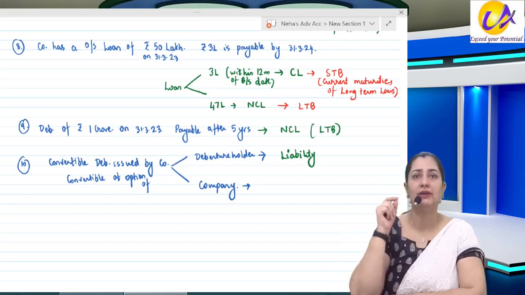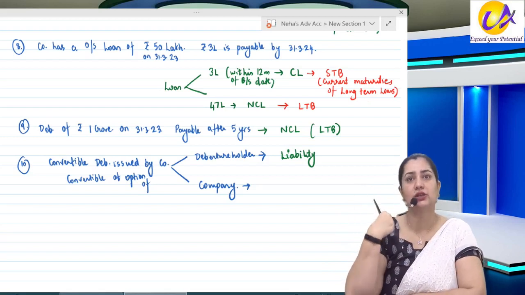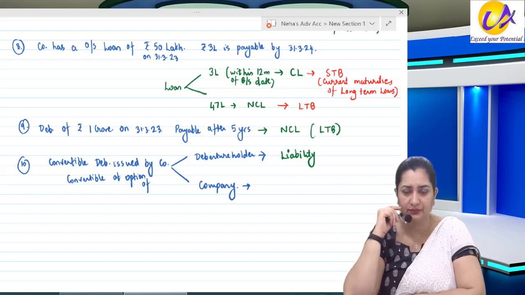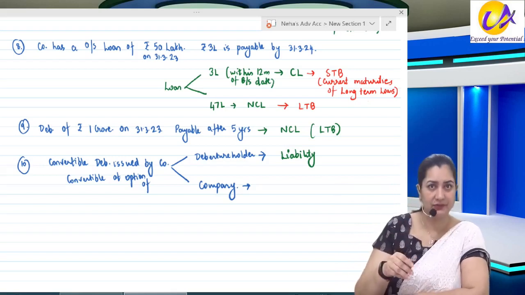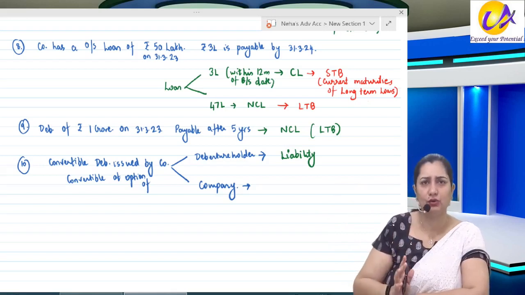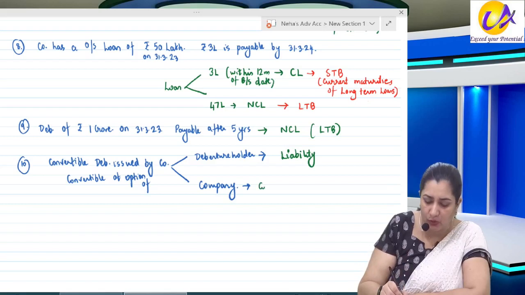One step ahead now, what if the company is having the choice? They can give shares or they can give cash. Then what will you do? This is CA final level knowledge, but I will give you a little bit because it is required here. In this case, this will be called a compound instrument.